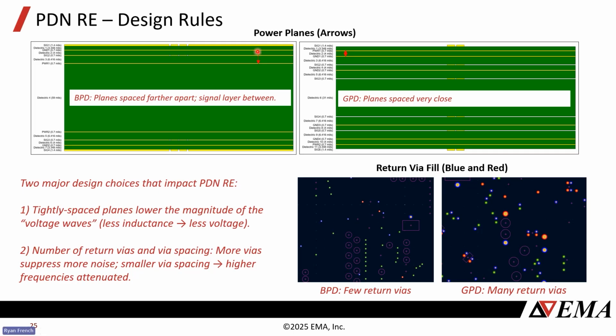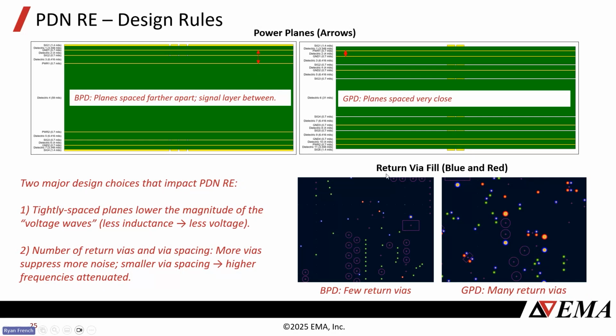But again, bad design, this further spacing of the planes means more inductance for that via between the planes. That means a higher voltage can develop between those planes. So magnitude is a thing. So minimizing the spacing also helps minimize the actual magnitude of those voltage wavefronts.